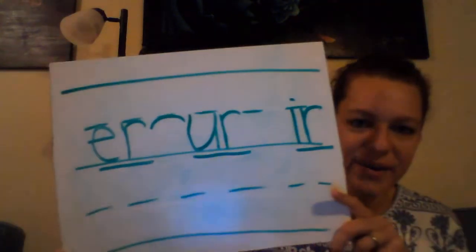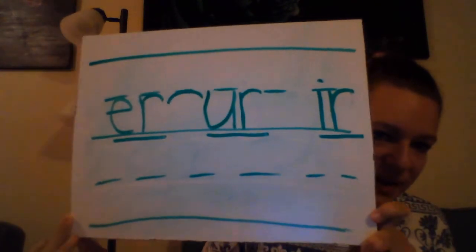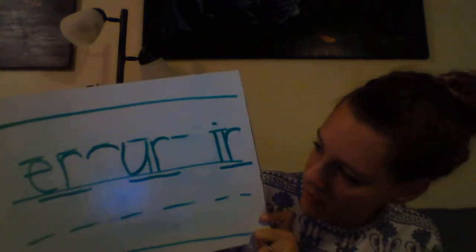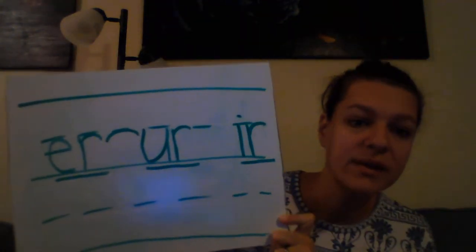All right, here's our er of bird. So if you didn't have that, go ahead and correct it and say it while you write it. So these are our ers that have 2 letters.